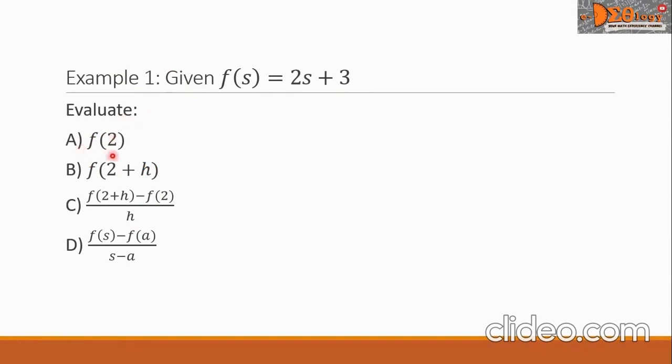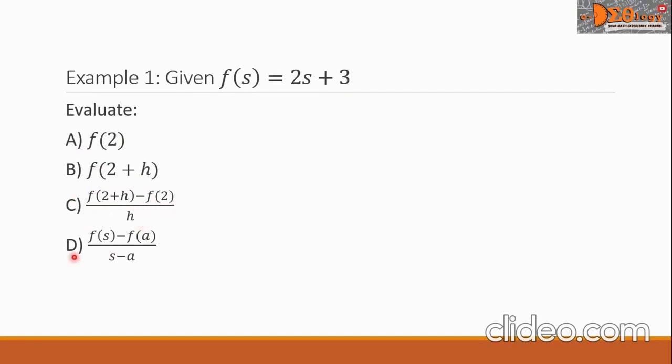f of 2. Letter b. f of 2 plus h. Letter c. Fraction whose numerator is the difference of f of 2 plus h minus f of 2, all over h.